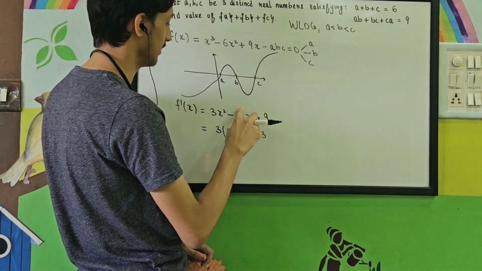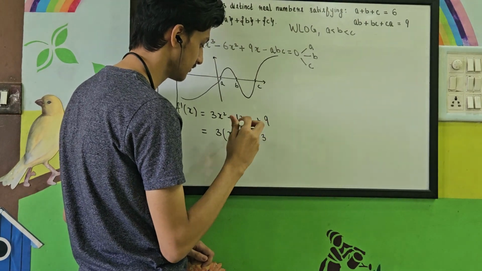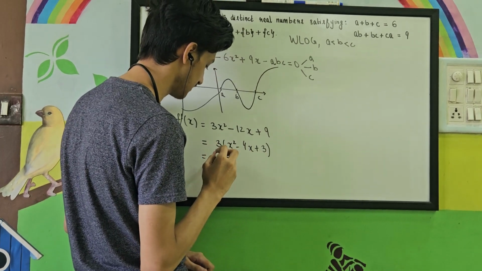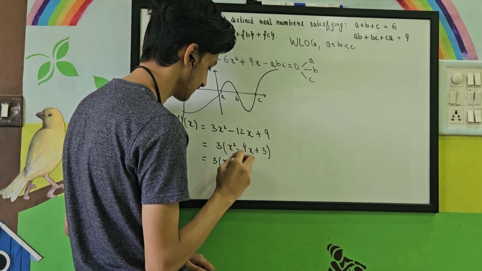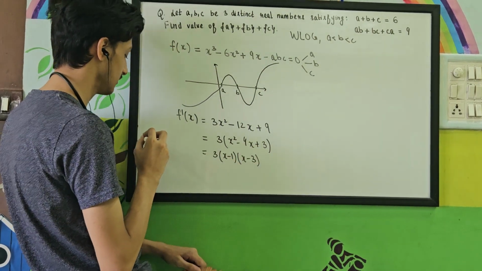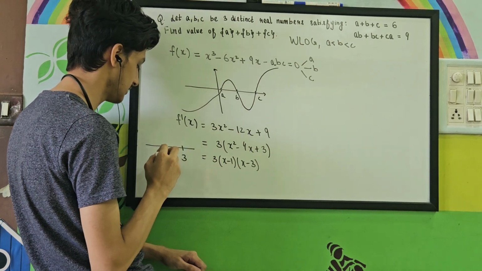Sorry, this is 12, my bad. Minus 4x plus 3, which is basically factorized as 3 times x minus 1 times x minus 3. If we draw the wavy curve, we'll notice that the critical points are 1 and 3.